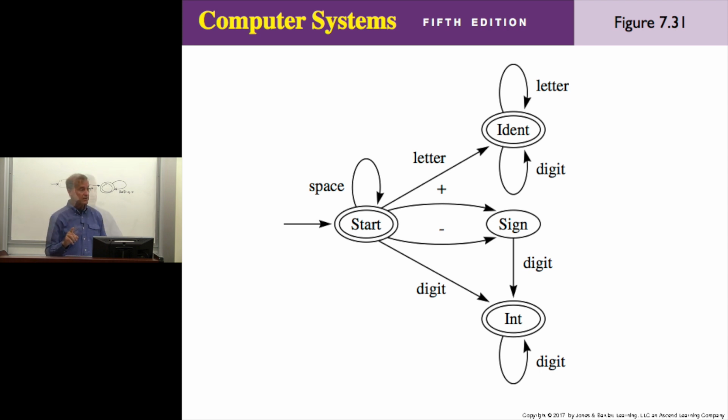A B. But what state are we in? Int. So is there a transition from int on a B? Yes or no? No. So what has to happen? Because there's no transition from int on a letter, but we are in a final state, what have we done? We have detected a what? And we have detected an integer.